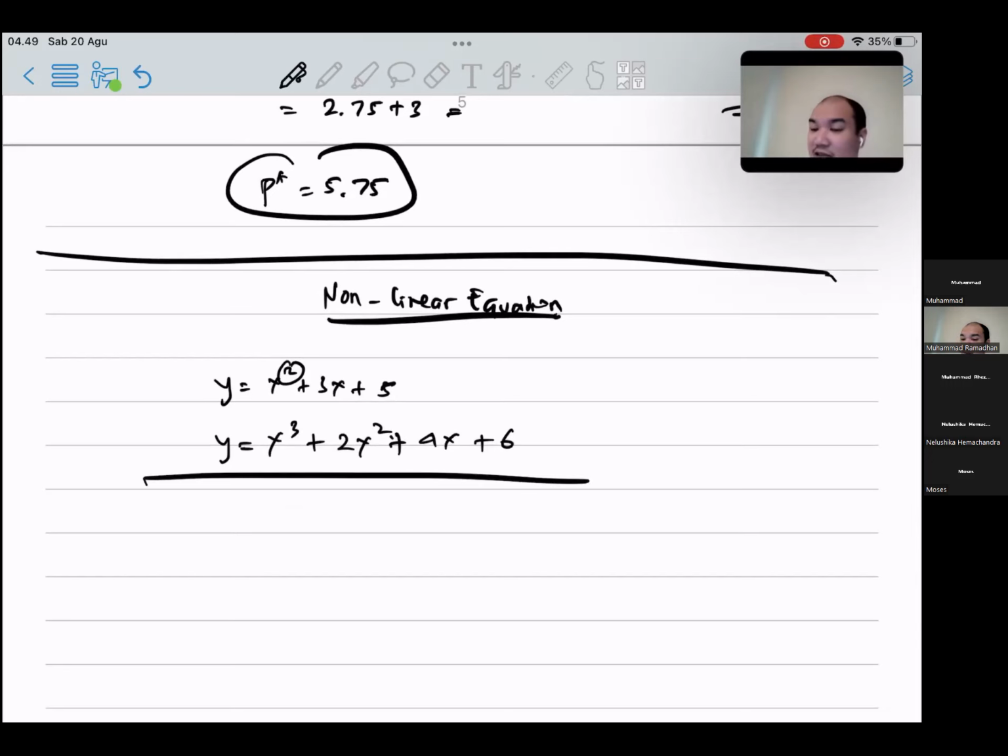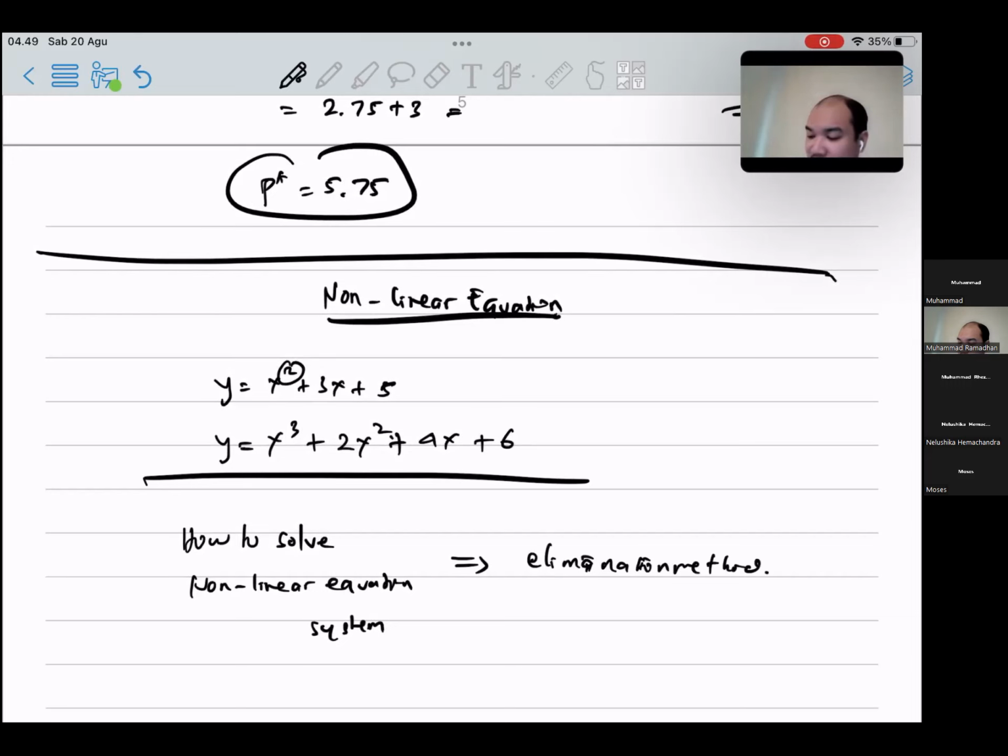And then I'd like to explain about how to solve the nonlinear equation system. The method to solve this is called elimination method, or factorize method.